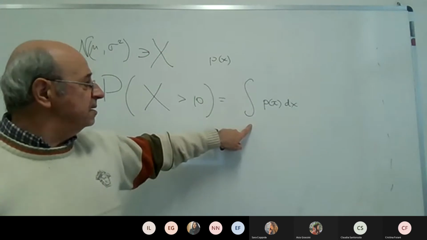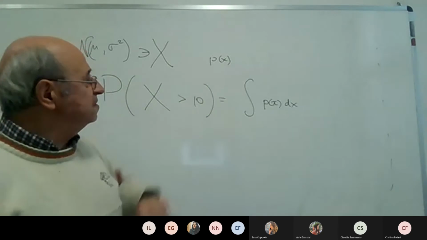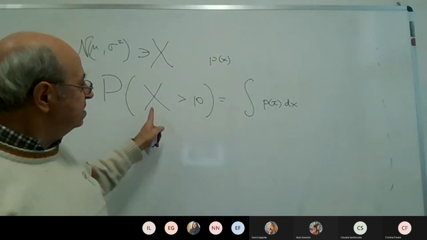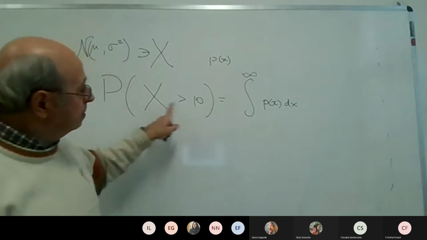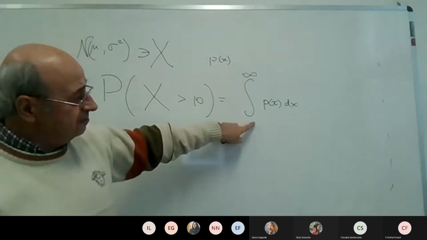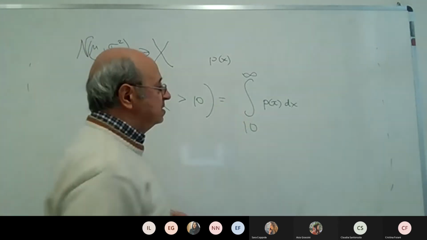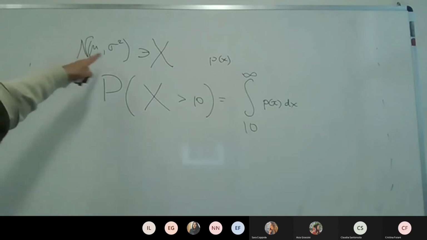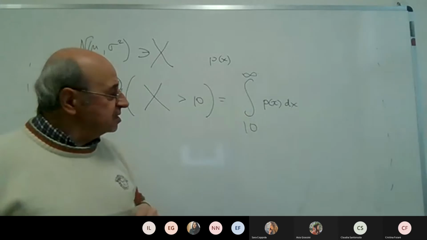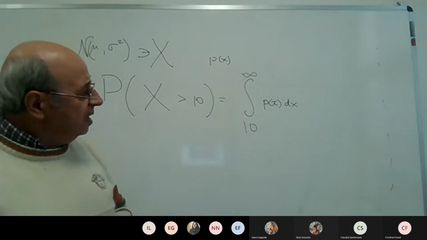Instead of writing from minus infinity to plus infinity, we need x bigger than 10. Therefore, plus infinity is the same, but instead of minus infinity, I have to put 10 as lower bound. And then this integral, where p is a concrete function, usually has to be computed.